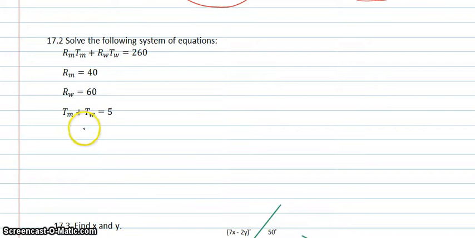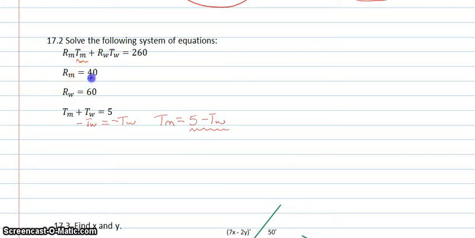I'm just going to go ahead and solve for the Tm. So I'll subtract Tw on both sides of the equal sign. So I'll have Tm equals 5 minus Tw. And then I can substitute this in place of the Tm in that original equation that they give us.